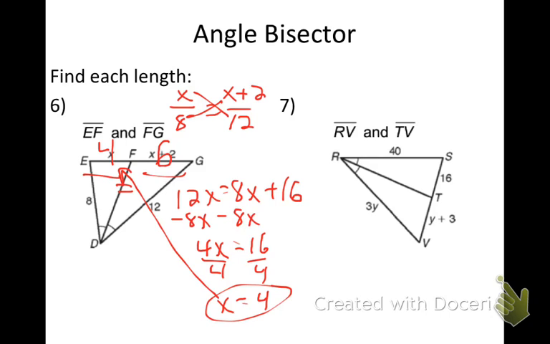Nice job. What about number 7? I need to find RV and TV. And again, remember, this only works when I have angle bisectors. Notice the angle bisectors here. What type of proportion would you use to set this up, Caitlin?